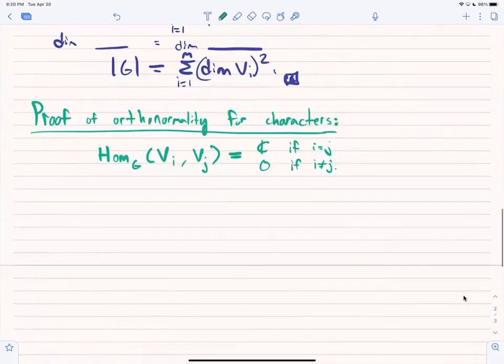Okay, so we're going to use this, and then we're going to use the fact that this is the space of G invariants in Hom VI to VJ.